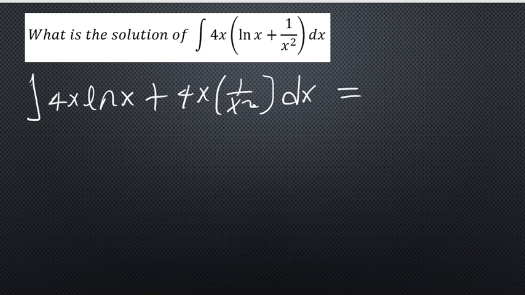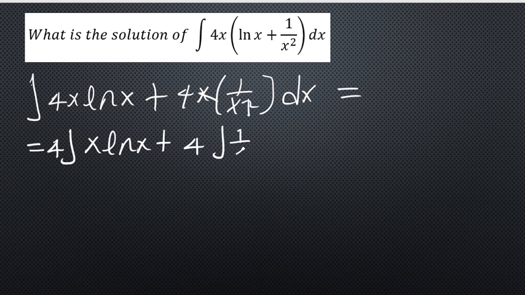Okay, let's continue down. This is going to be 4 as a constant, and x ln x left here, plus here the x will cancel, just 1 over x left, so the integral of 1 over x dx. Here also we do have dx.